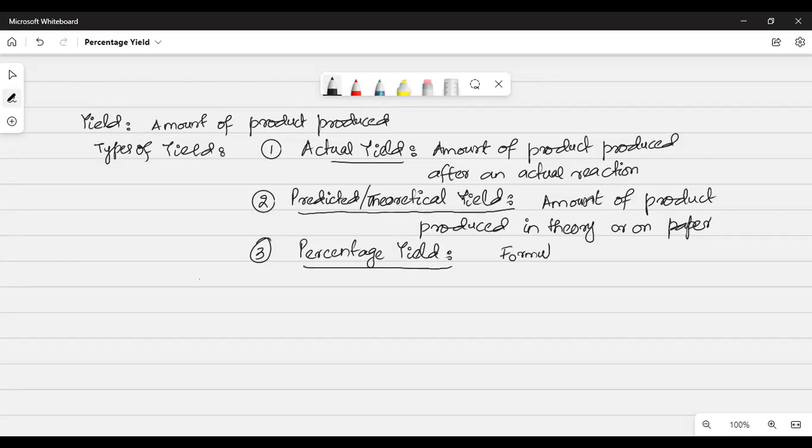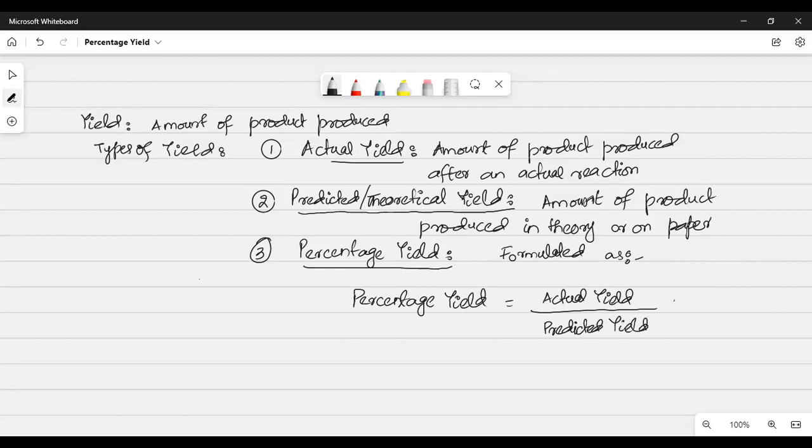So this one is actually formulated, and we formulate it as percentage yield is equal to actual yield over predicted yield or theoretical yield, whatever you'd like to write, into 100.